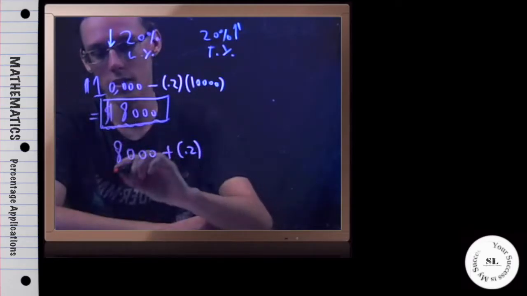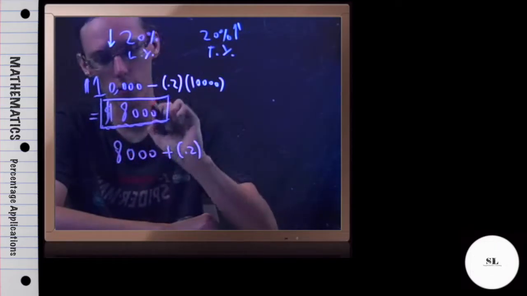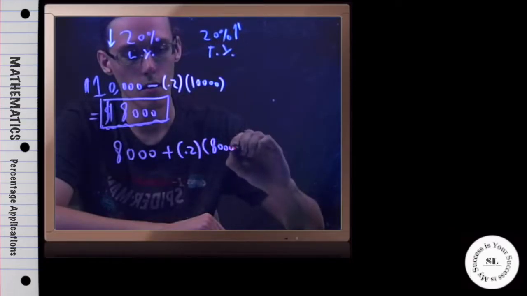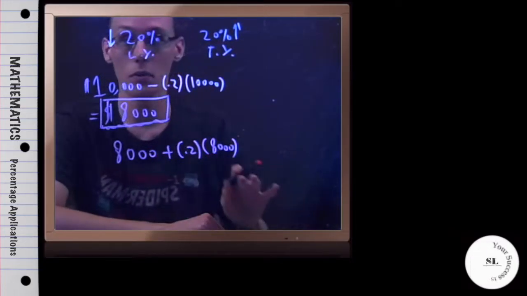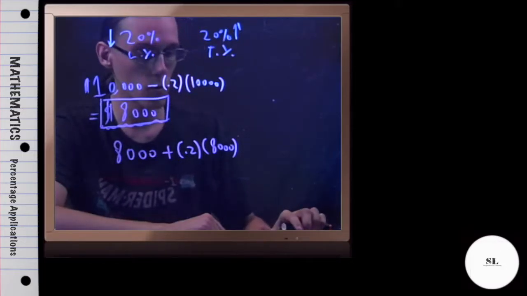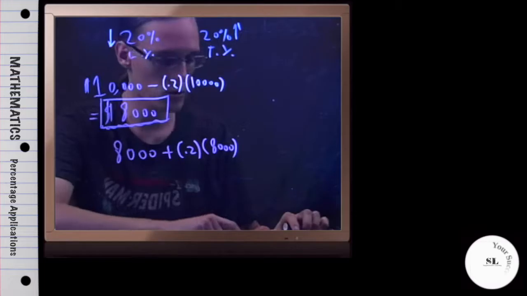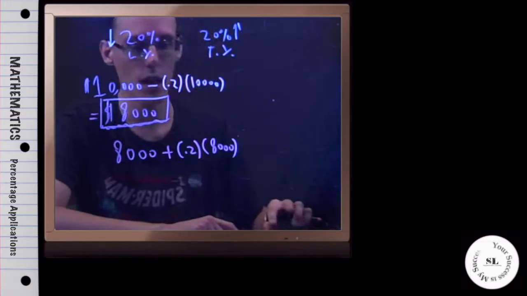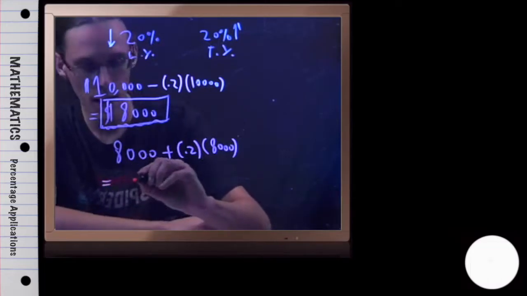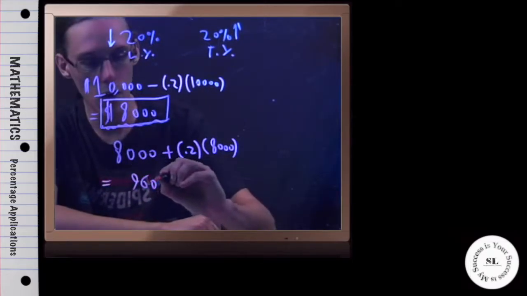No, it's the amount I have right now. And right now, I have $8,000. So let me put this in the calculator. 8,000 plus 0.2 or 20% of 8,000, so 0.2 times 8,000. And when I do this, I get $9,600.